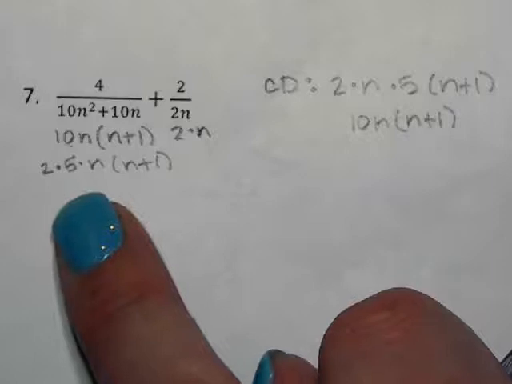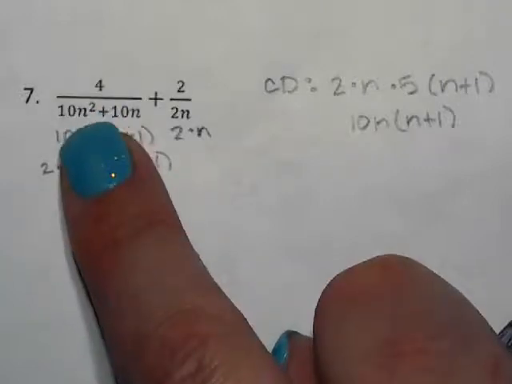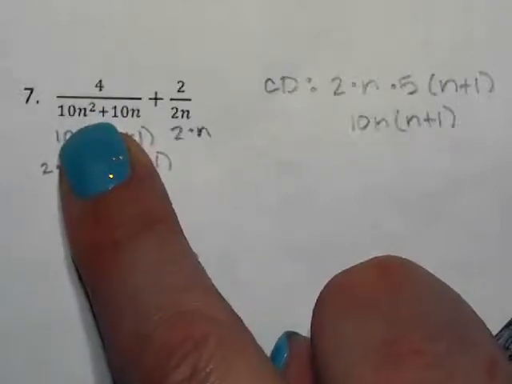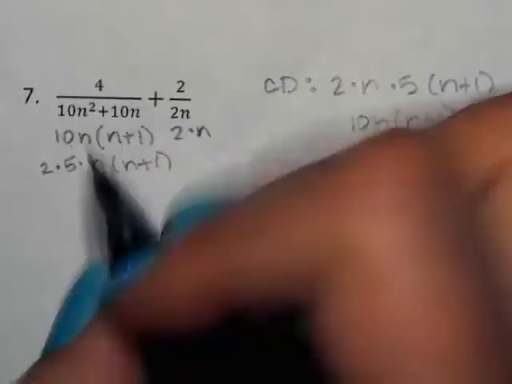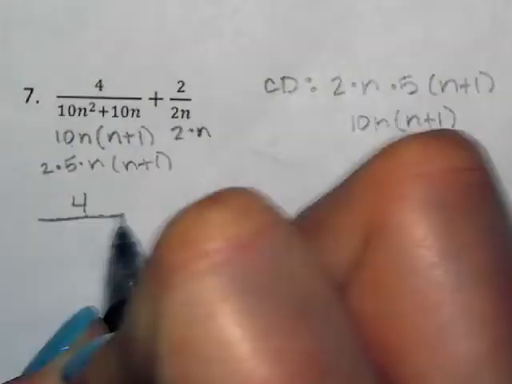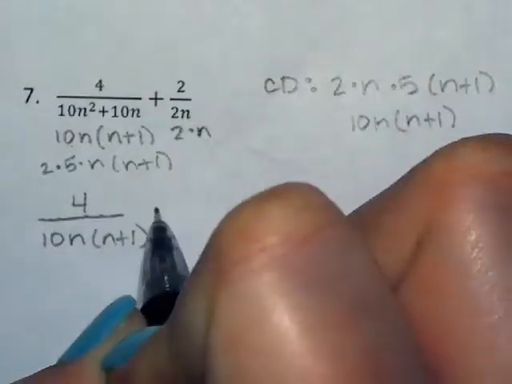You can write it in that form, but think about it, we like it to be in the factored form because when we're done, we like to cancel things. So I like to leave it factored. So I'm going to leave my first fraction as 4 over 10n times n plus 1. Plus, look, our first addition problem. That's so fun. All right, the second fraction is 2 over 2n.